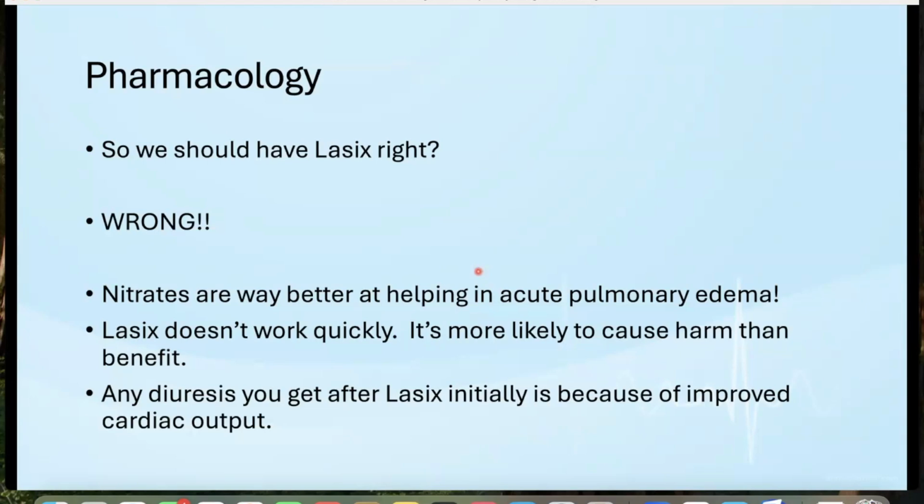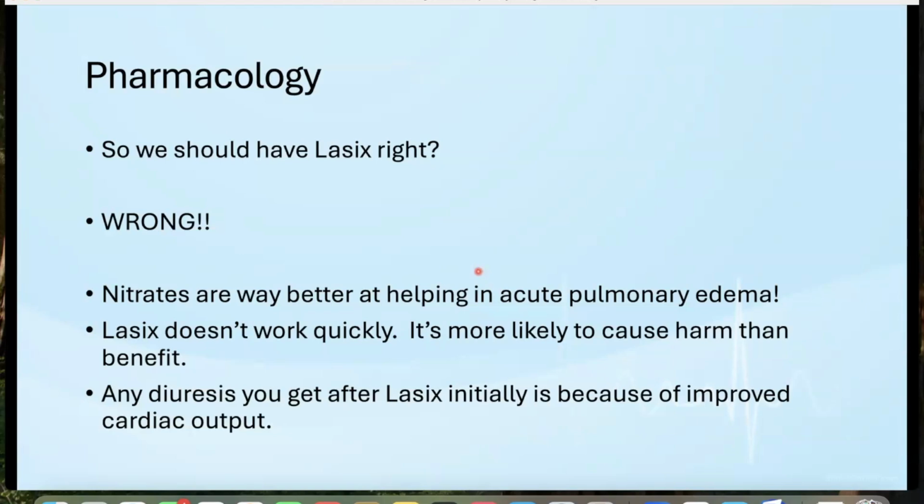Lots of people will say, but doc, as soon as we give the nitrates or the Lasix, they start to pee like crazy. And yeah, you're right. But the Lasix isn't really the main mediator of that. It tends to be more of the nitrates. The epinephrine is clamping down every artery, including your renal arteries.